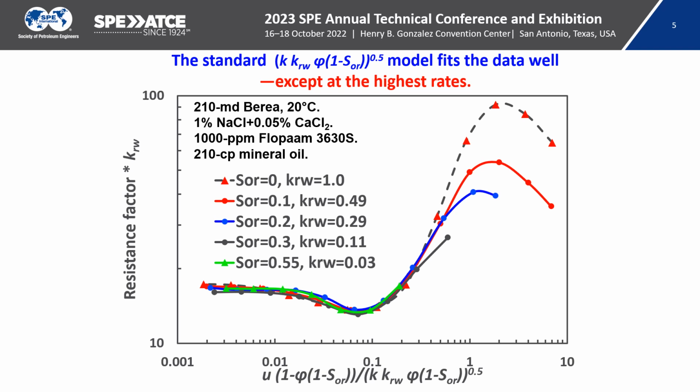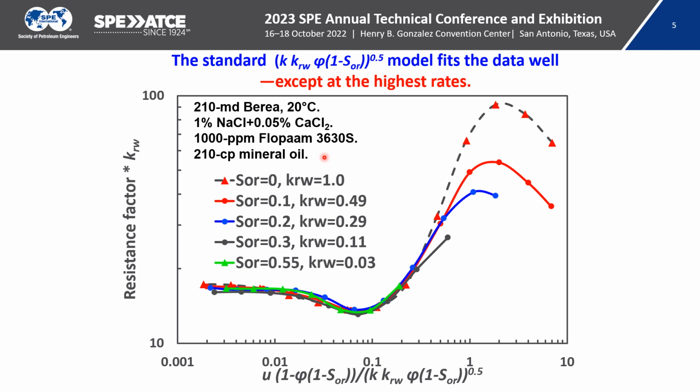And here I'm just going to jump to the bottom line where we're plotting the polyacrylamide rheology in porous media for a polymer solution that contains 1,000 parts per million polymer in 1% sodium chloride, 0.05% calcium chloride. This is all done in a 210 millidarcy Berea sandstone core at 20 degrees centigrade. And when oil is present, it is a 210 centipoise mineral oil.